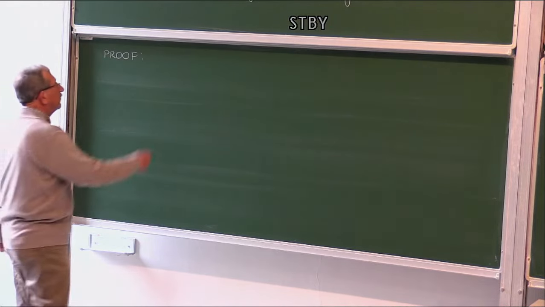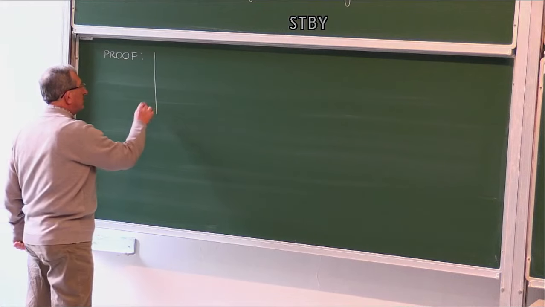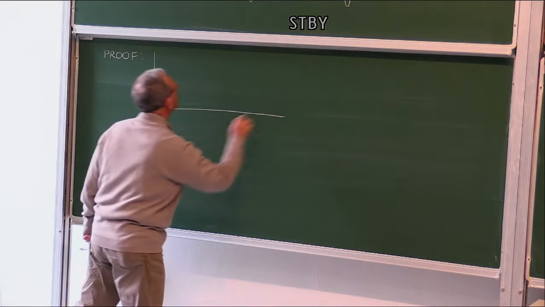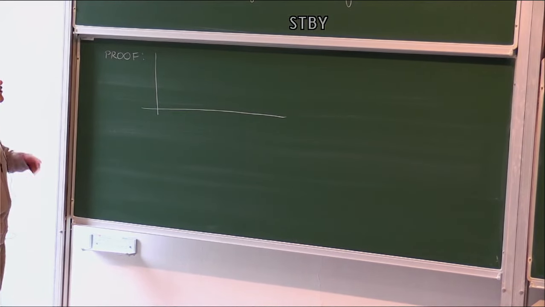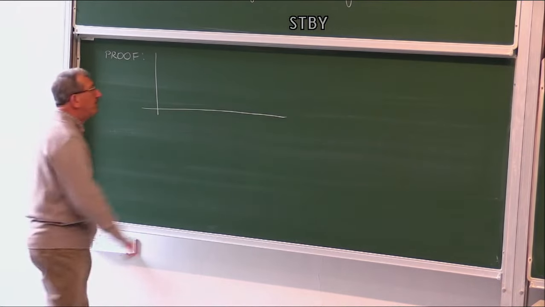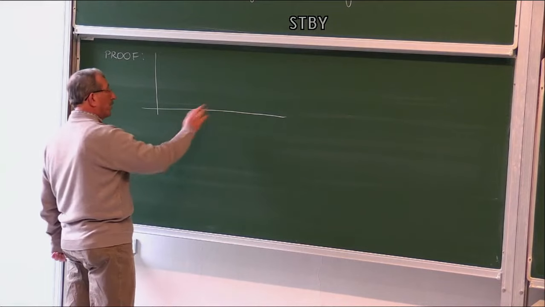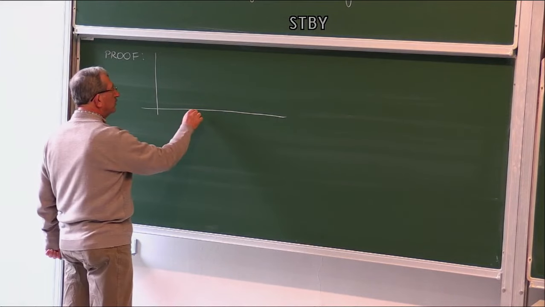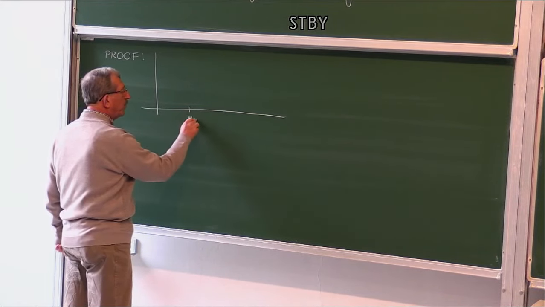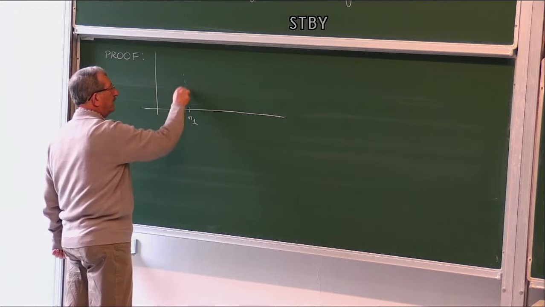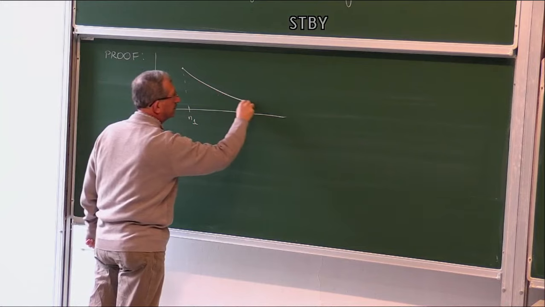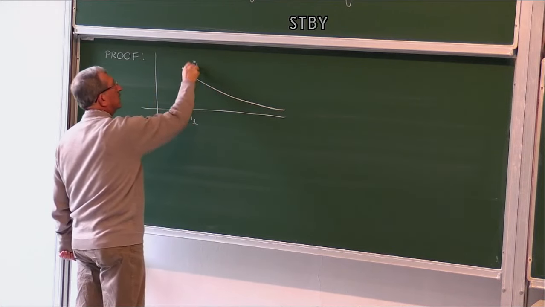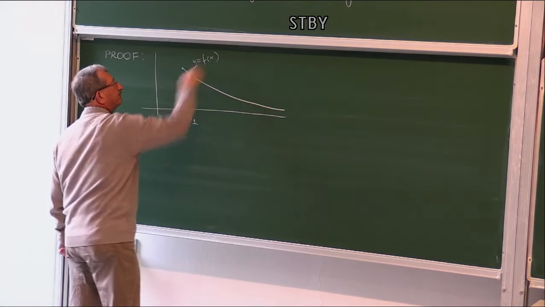Let us first of all draw a picture to understand what's happening. Now the function f is a decreasing continuous function with limit 0 when x goes to infinity. So suppose this is our n1 point, and after that n1 point, our function decreases. This is our f of x.